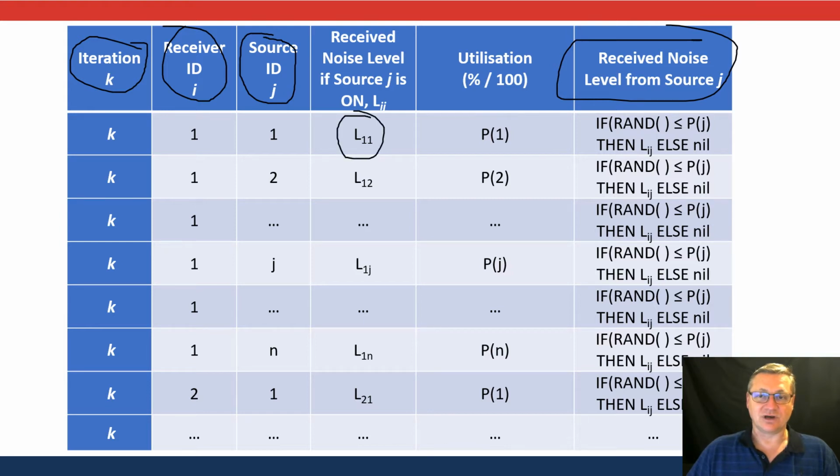And the noise source is only on if that random number generator, compared to the percentage utilization of that piece of equipment on the construction site, says that, according to statistics, for this iteration, that noise source is on.